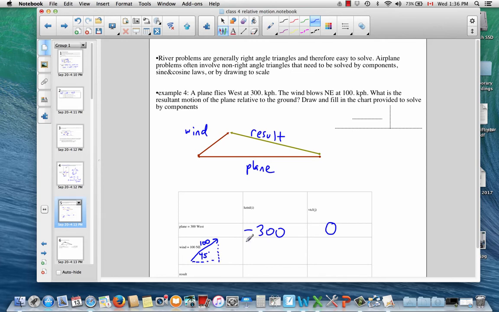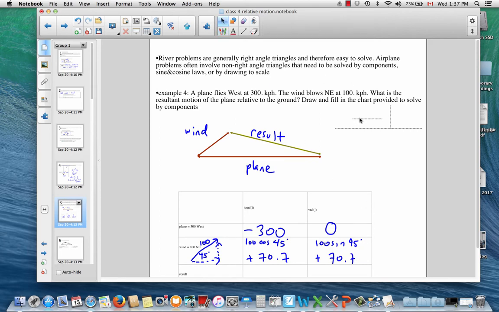The x component will be the adjacent side, so that'll be cosine. So it's 100 cosine 45 degrees, and you work that out and it's 70.7. With the wind northeast, the x component's to the right, so it's positive. The y component is up, so it's also positive. And if you do 100 sine of 45 degrees to find the opposite side, you find that's also 70.7.